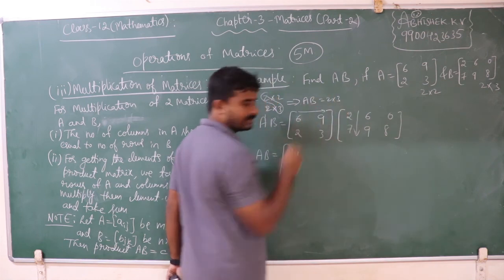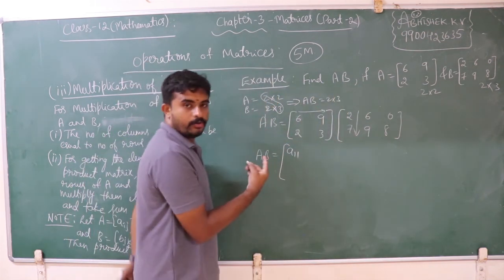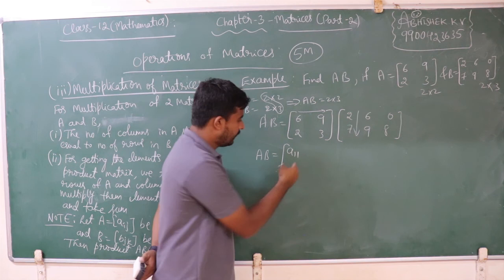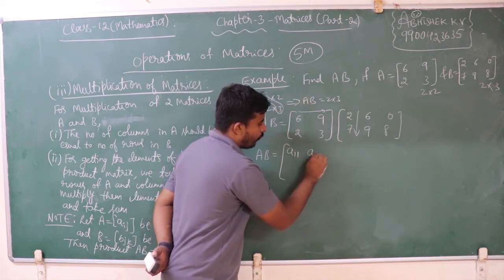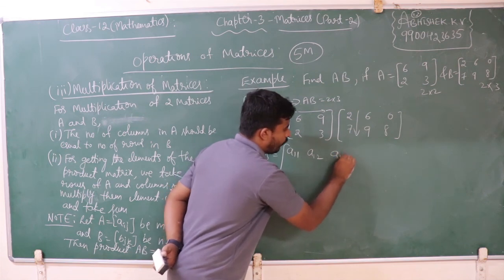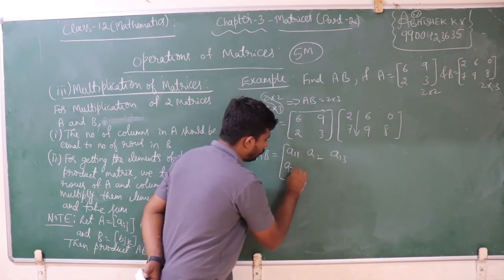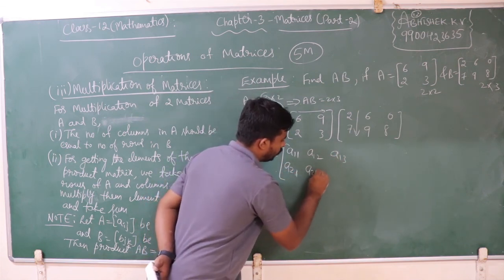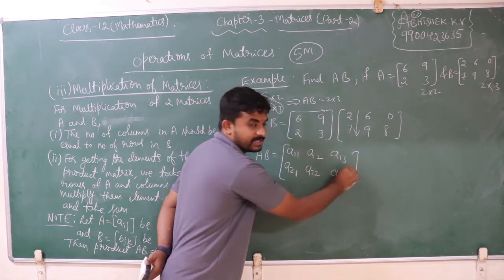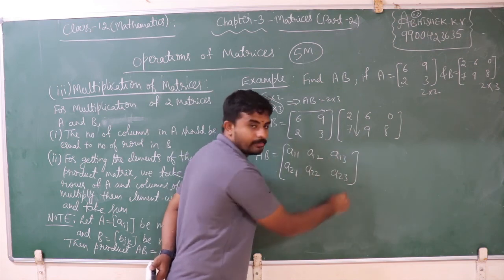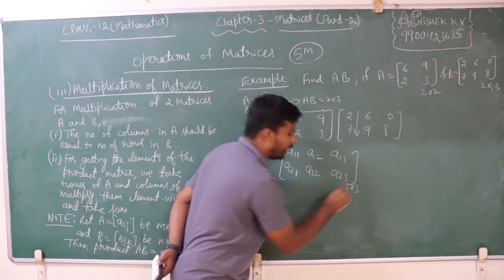See, what is the 2 cross 3? How is it? A11, A12, A13, A21, A22, A23. See, first row, second row. First column, second column, third column. Therefore, it is of order 2 by 3.